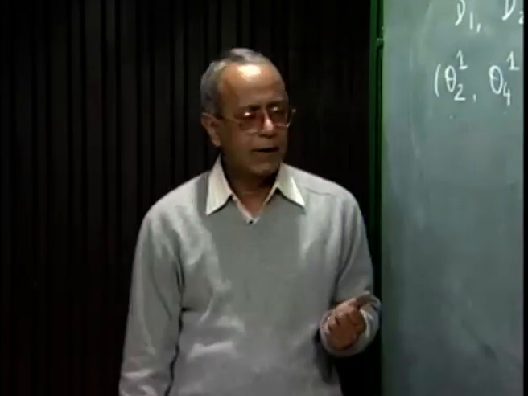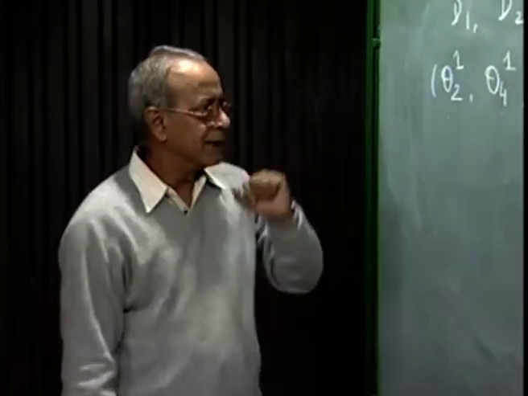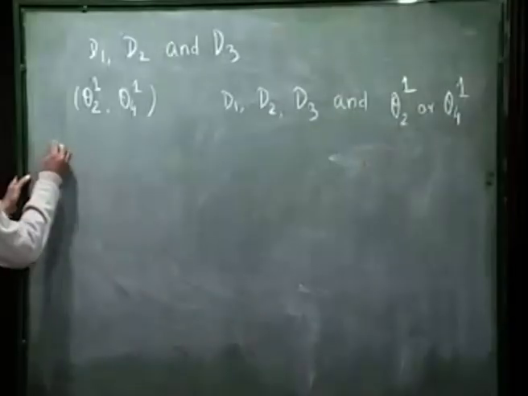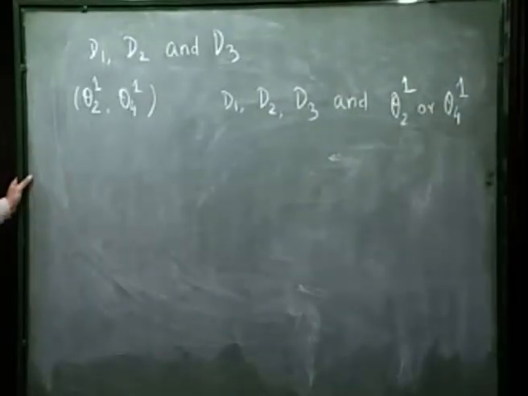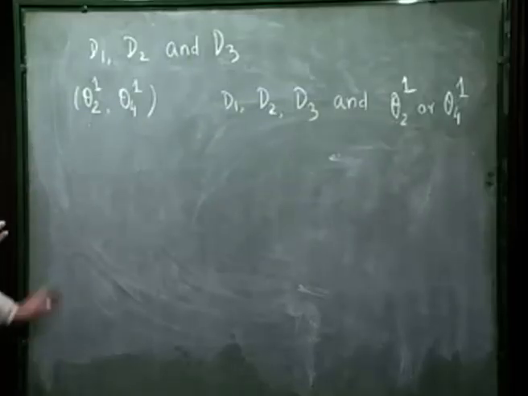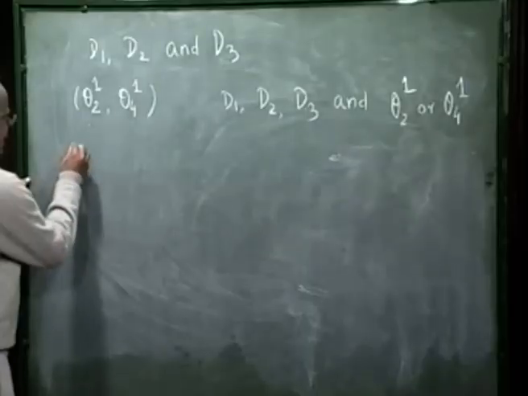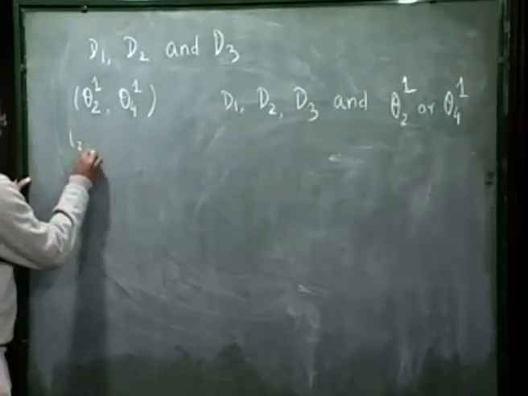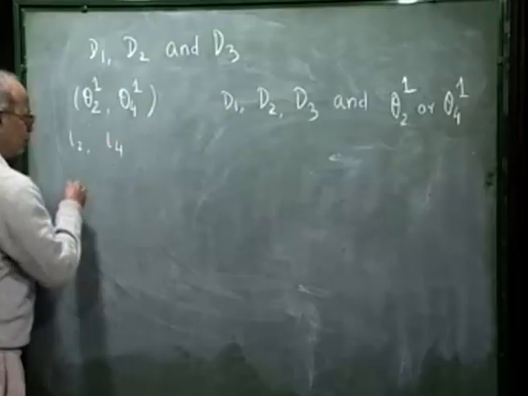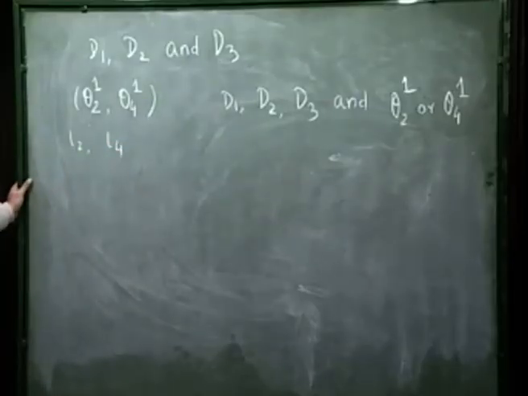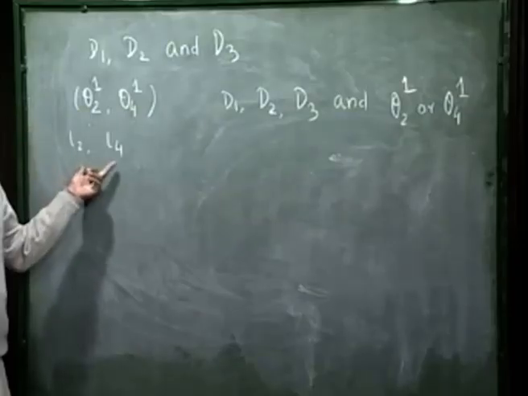So, we have discussed Freudenstein's method for function generation with reference to 3 position synthesis or 2 pairs of coordinated movements. Things to remember is that after solution, the input or the output length L2 and L4 may turn out to be negative. They have to be interpreted in the vector sense.